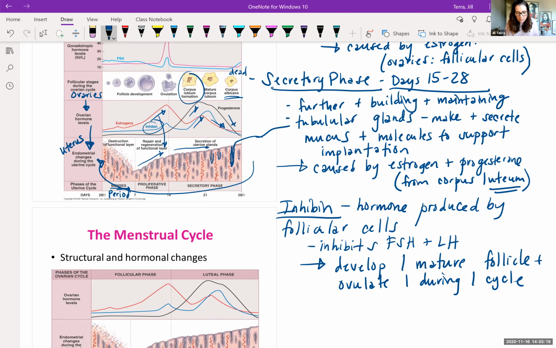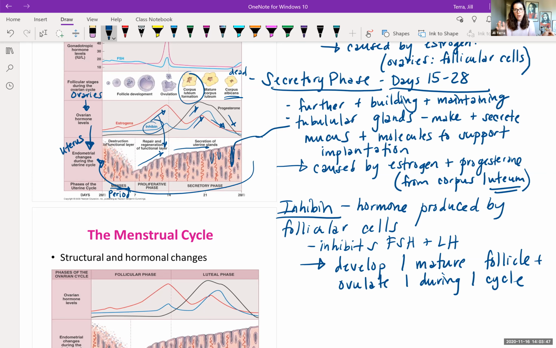And so this is a nice design to make sure that we're just working on one at a time. And if that doesn't happen by day 28, then we hit the reset button and we start all the way over again. Okay, and so that's the design, is to be going through this cycle, get to one mature follicle with that secondary oocyte that's released, have the uterus ready for it.